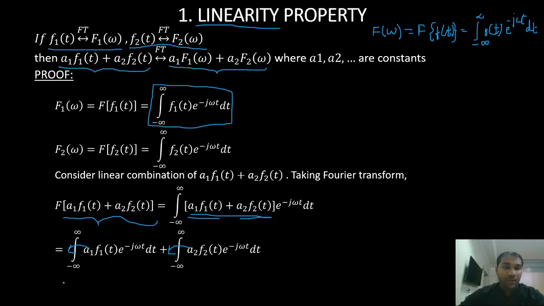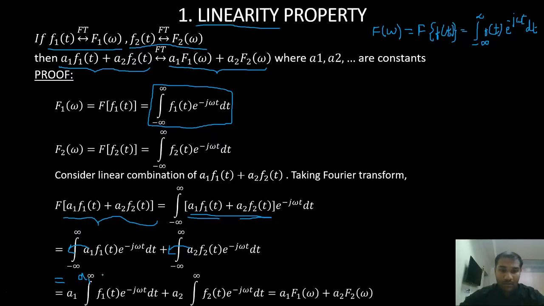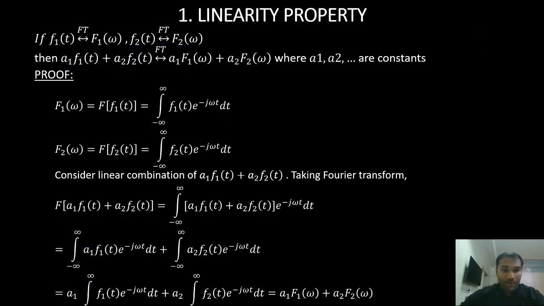So that is going to be equal to a1, my constant a1 is already there, and I'm left with F1 of omega. So a1 F1 of omega plus a2 F2 of omega. So the Fourier transform of this is equal to this. So we have proved this statement. So that is the linearity property of Fourier transform.